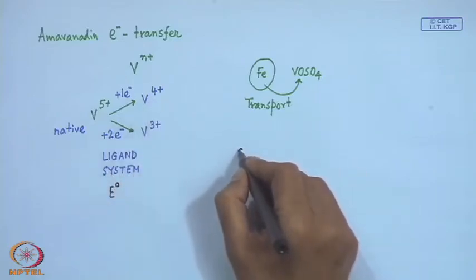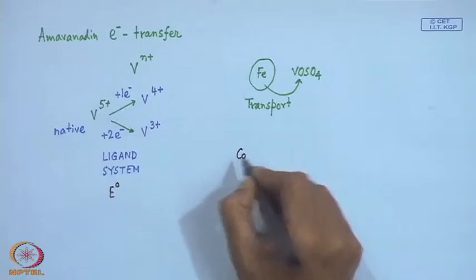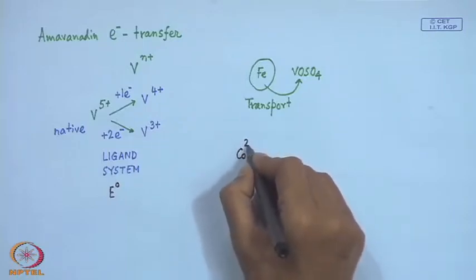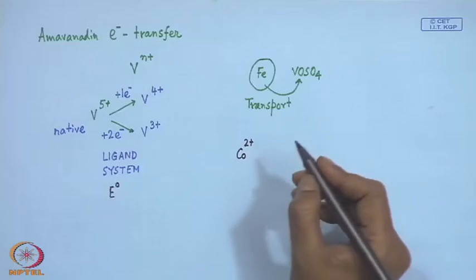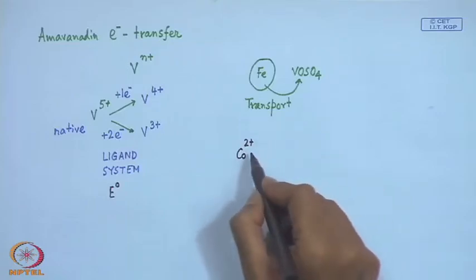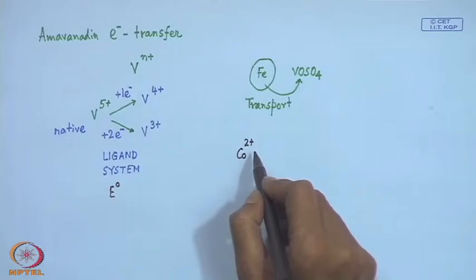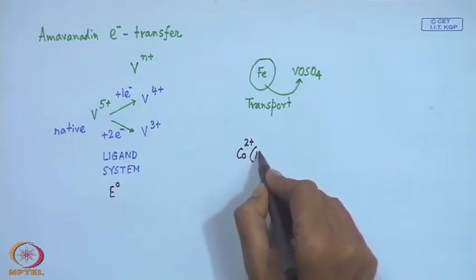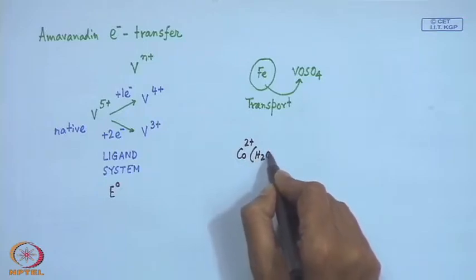The same thing we know in laboratory chemistry: if cobalt 2 ion is present, that means any cobaltous salt, cobalt 2 chloride, which we dissolve in water.